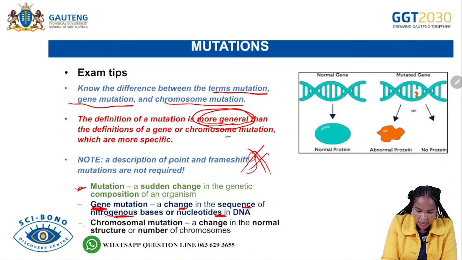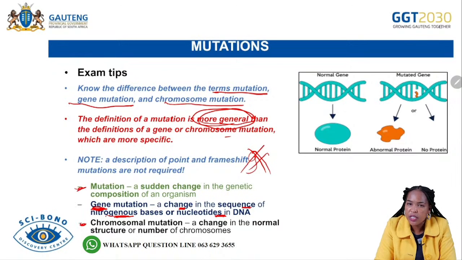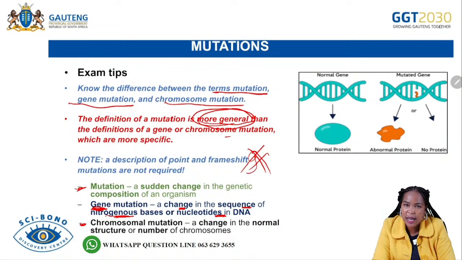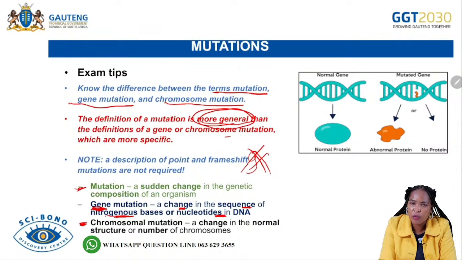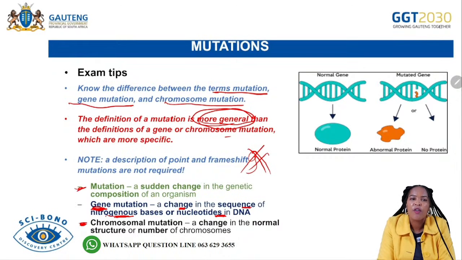The second type of mutation that we need to look at is chromosomal mutation. This one can be described as a change in the normal structure or number of chromosomes. We're going to look into detail as to how this happens and the examples that fall under chromosomal mutations. But just to recap, you have mutation, which is a general term. It is a change in the genetic composition of an organism.